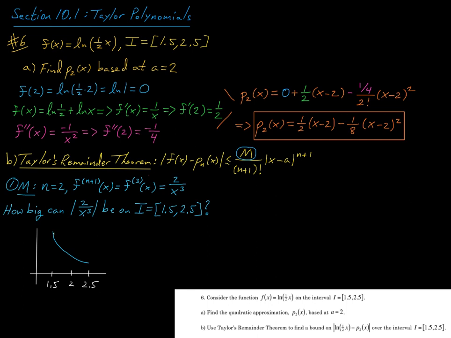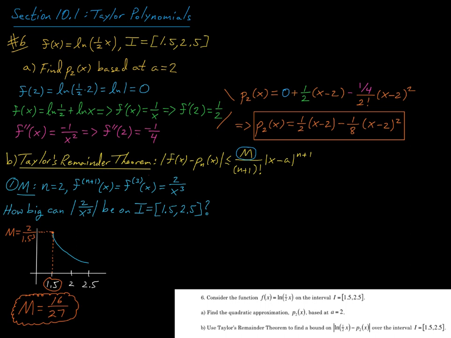This is just a decreasing function on this interval, and we see that its maximum occurs when x is 1.5. So I plug in 1.5 for x into this third derivative, and I get 2 over 1.5 cubed. And that is our value for M. Now, 2 over 1.5 cubed can be written in simplified form as 16/27. Okay, so this is our value for M.